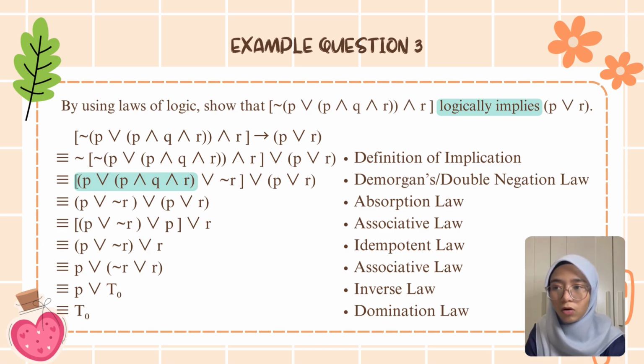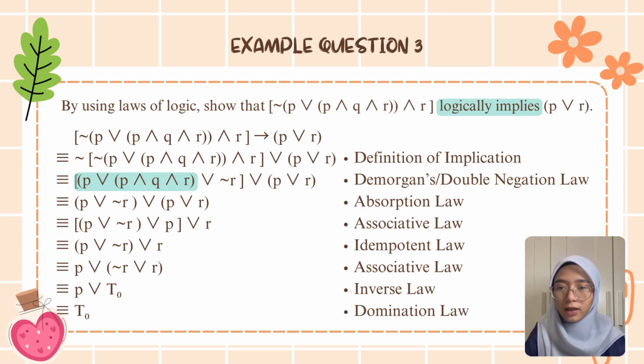So it becomes P or R, negation R or P or R. Next, I can use the idempotent law because of the P or R. So I can just eliminate one P. So it becomes P or negation R or R only.